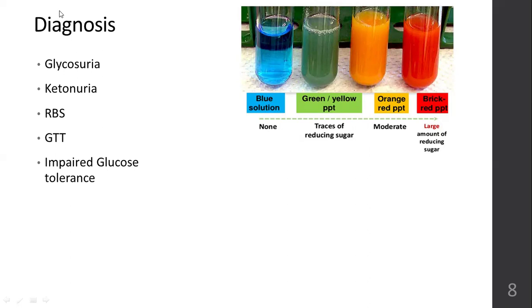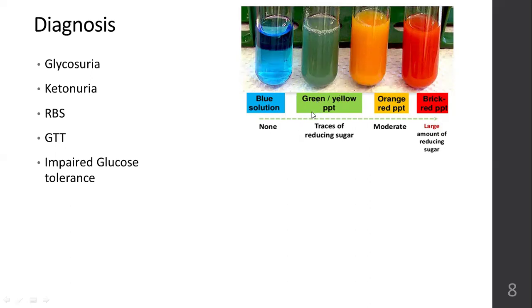Benedict solution is blue in color naturally. So when you put it into the urine sample, it automatically turns the urine also blue. And if after heating also there is no change, it means there is no sugar or no glucose in this urine. The person is not diabetic at all.